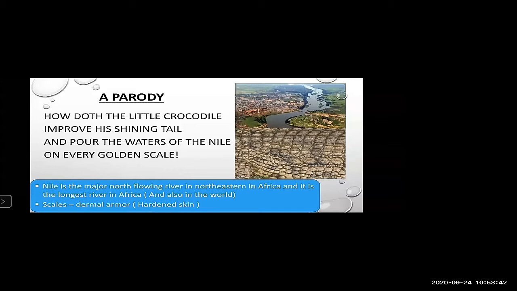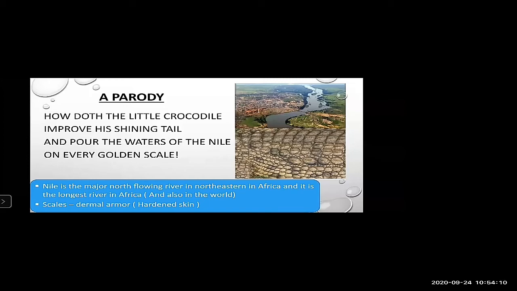So the poet is calling these scales golden. Why? Because they are shining in the bright sunlight. They're shining like gold. And the crocodile is pouring the water on the scales, which is cleaning them and allowing them to shine in the bright sun.